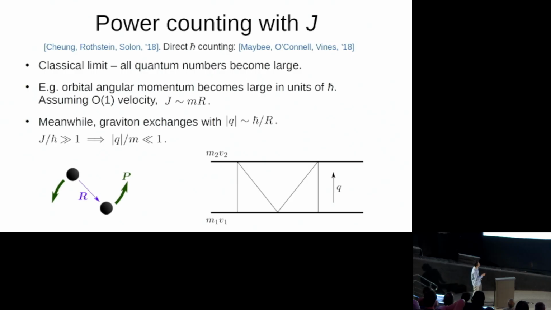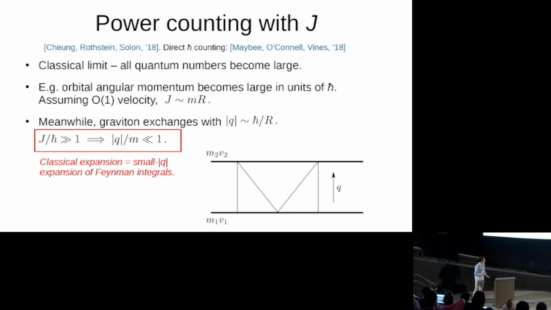So the classical expansion has turned into a kinematic expansion of scattering massive particles with a tiny momentum exchange. Okay, to actually carry out this expansion, we will do the small q expansion of Feynman integrals involved.